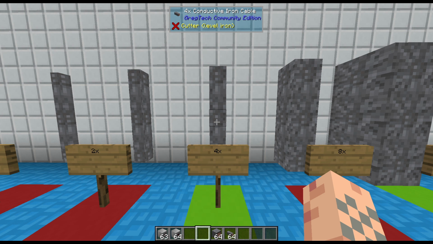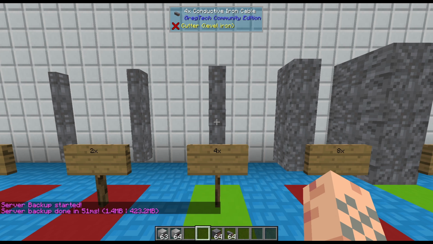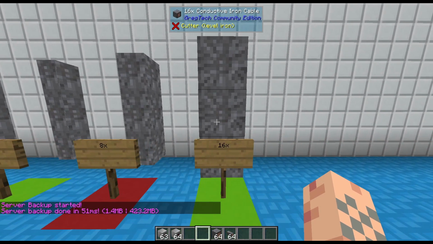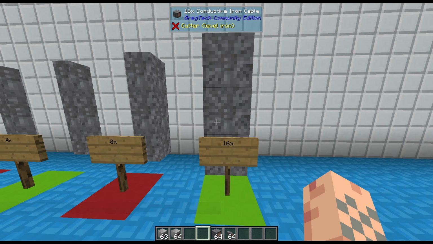If you want to use a 4 ampere or 4-slot CEF, you should use 4 ampere cable like this one. If you want to use 16-slot CEF or 16 amperage CEF, you should use 16 amp cable or wire, of course.